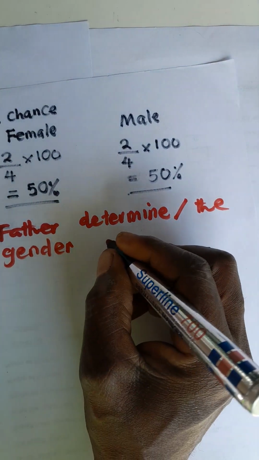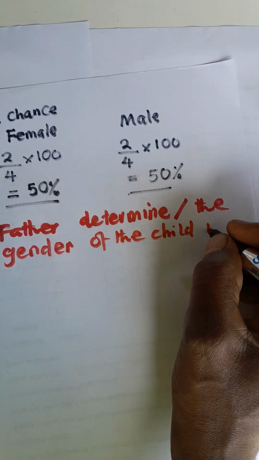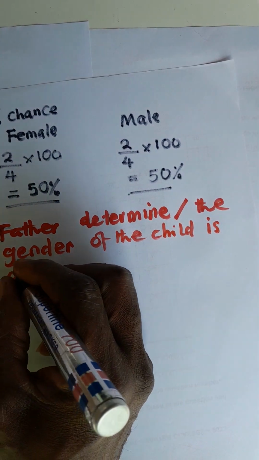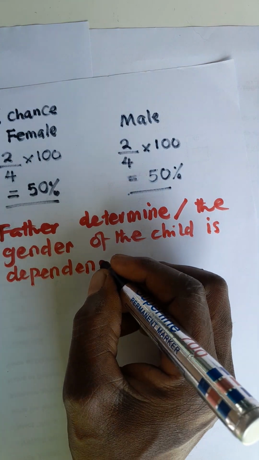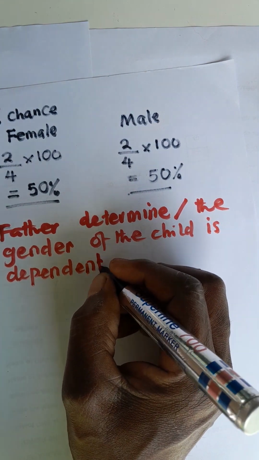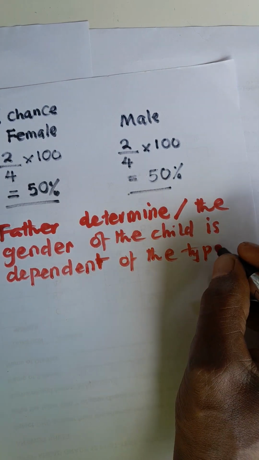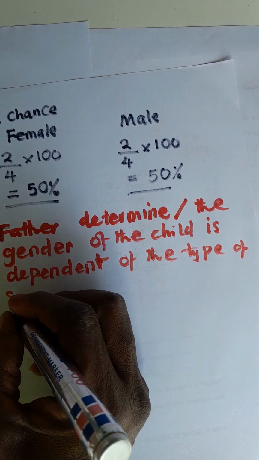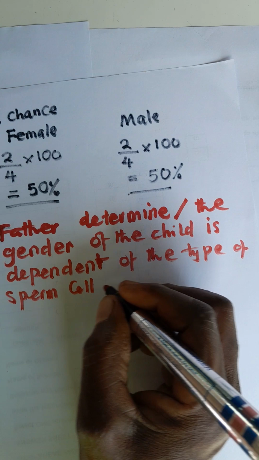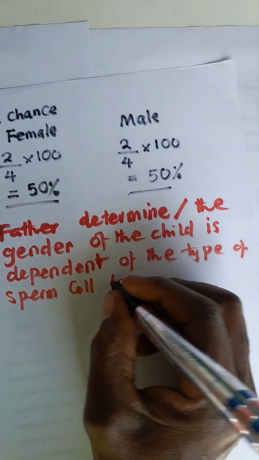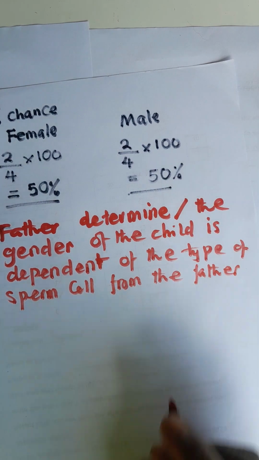The gender of the child is dependent on the type of sperm cell. Remember I said there are two types of sperm cells. Sperm cells from who? From the father. How is this possible?